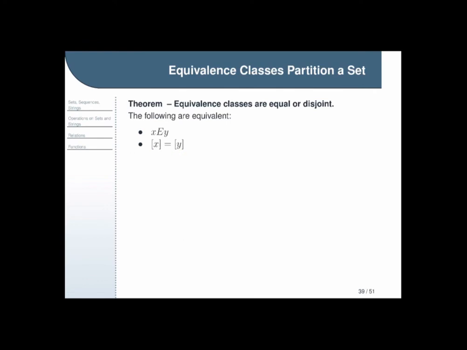And it's also the same thing as saying simply that the intersection of these two equivalence classes is not the empty set. It's not empty. In other words, they don't have nothing in common, to say it in a double negative. If they have anything in common at all, then they are the same equivalence class. That's what this theorem states.